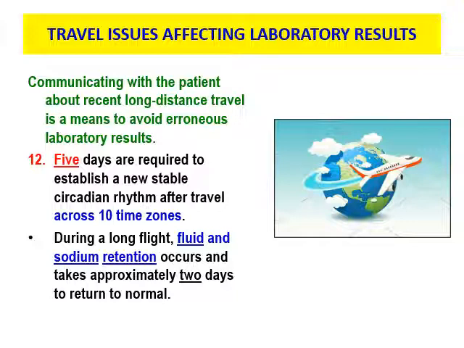So we want to make sure that when we're doing their yearly lab results, or we're testing for something that they've got ongoing, and we're monitoring them and treating them, that they're aware of these things that they do occasionally that can interfere. So you want to have 5 days, or really what we need, to get back to a stable circadian rhythm after you've traveled across 10 time zones, okay?